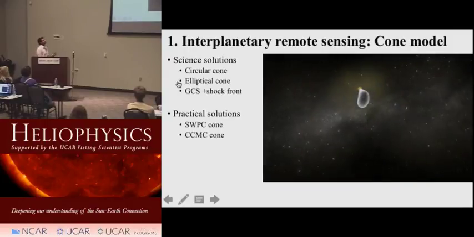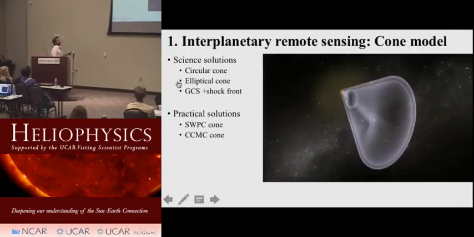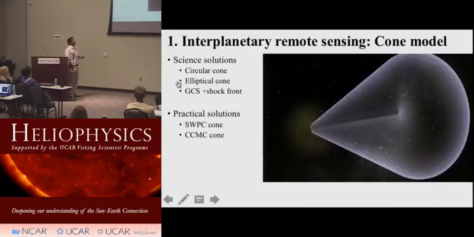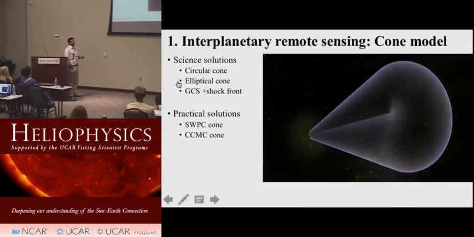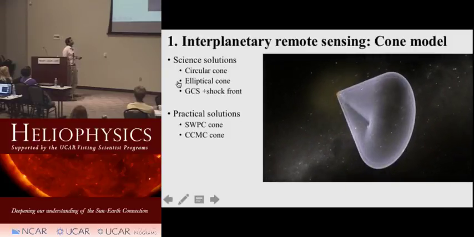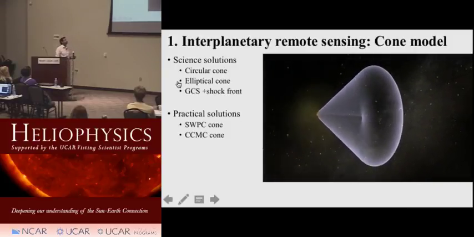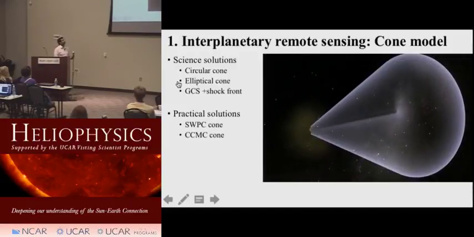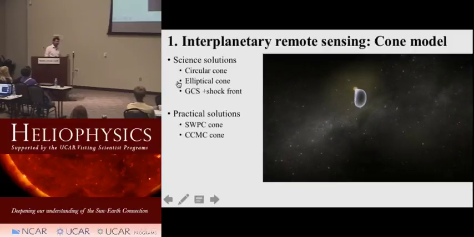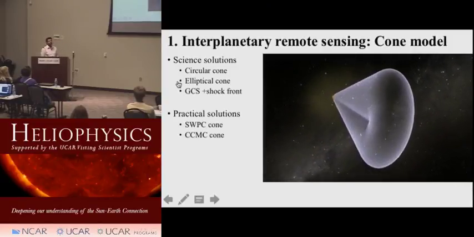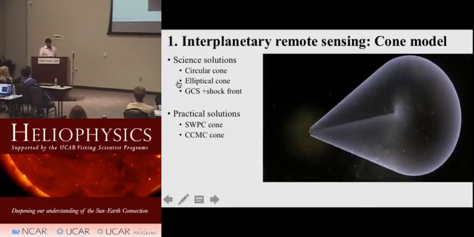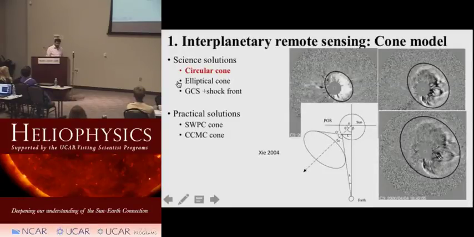The object of the game in this situation is we want to get a handle of its geometry because we want to get an idea of how big they are, where they travel, and in particular things like densities within it, where Earth will go through it, and how the field lines are changing with it. We can only best do that once we have a good handle of its 3D structure. So we'll start with the basic cone model.